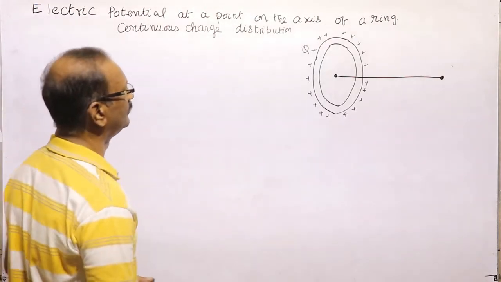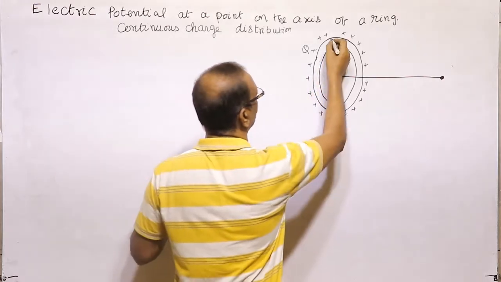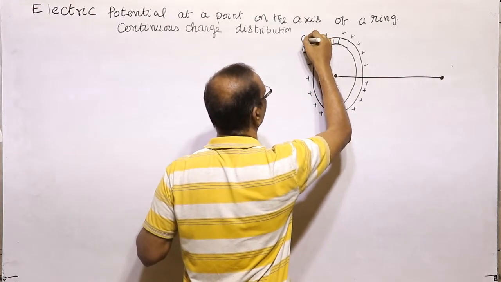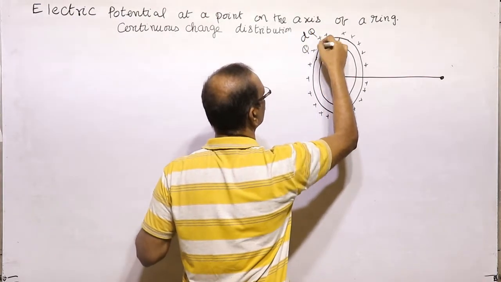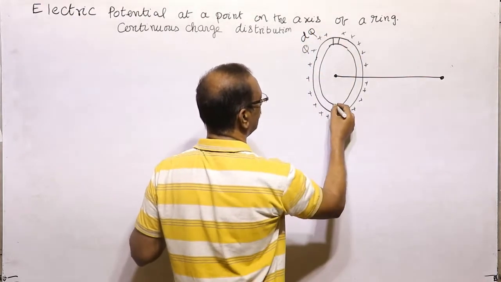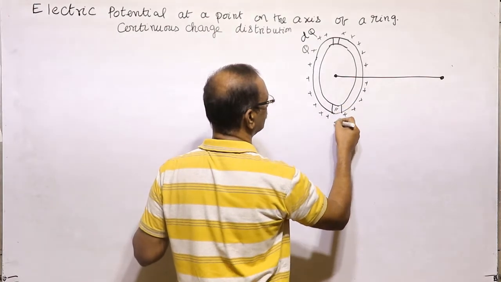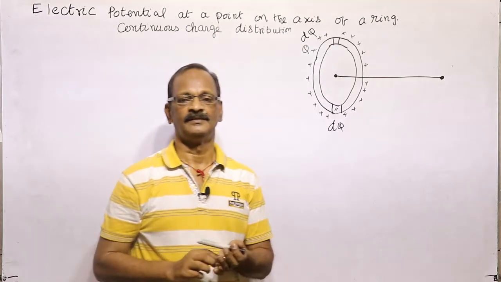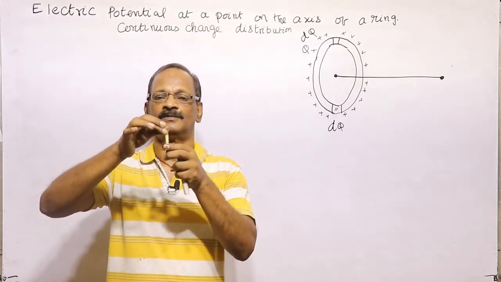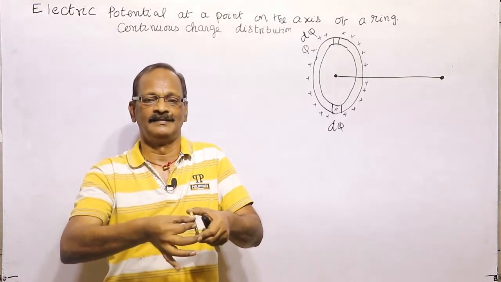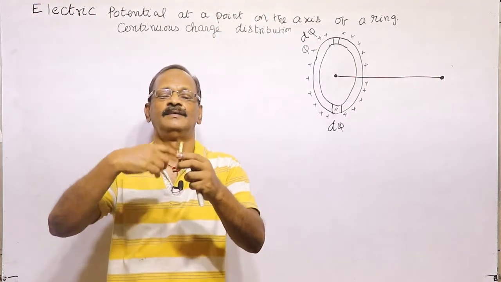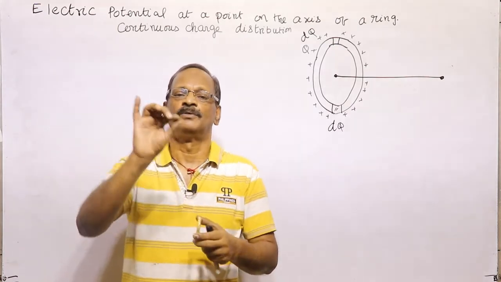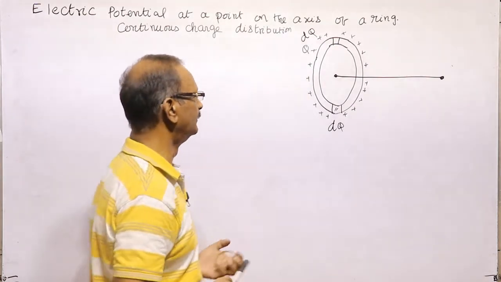Now let us take a small element having a charge dq, because the total charge is equal to Q. You take a small portion of small length, and it will have a portion of the total charge, which we call dq.